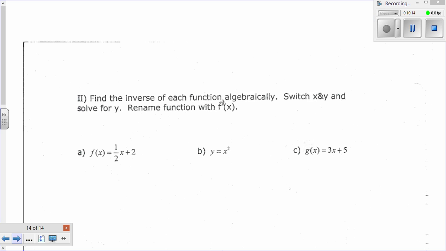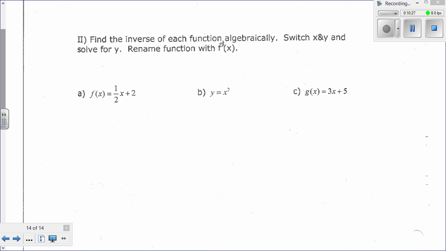Last page. This is how you find the inverse algebraically. Switch x and y, solve for y, rename the function with f to the negative 1 of x. So we're going to rename this as y equals 1/2 x plus 2.